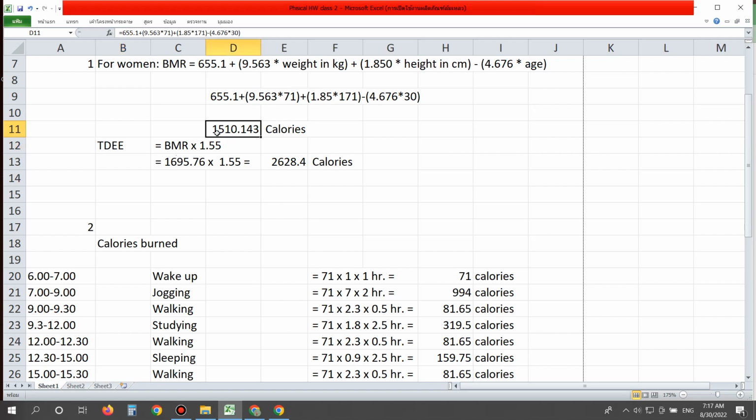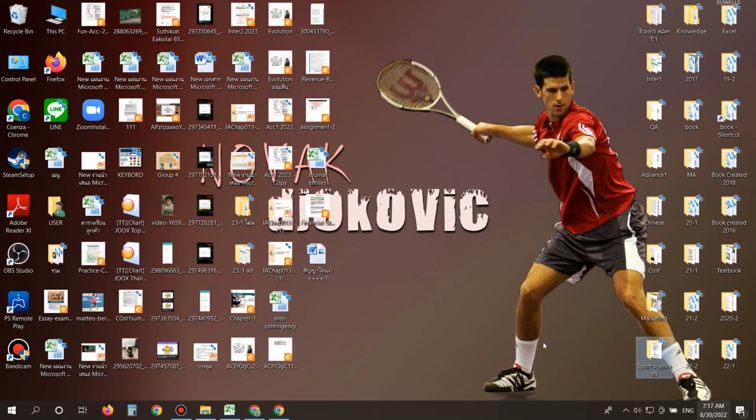by using your BMR multiplied by the activity factor. This one you can see in the slide.